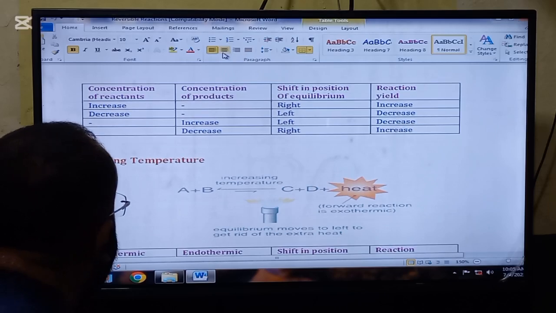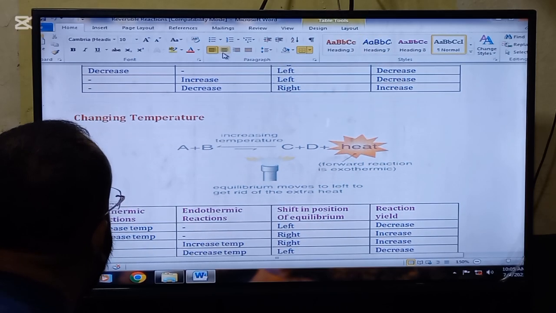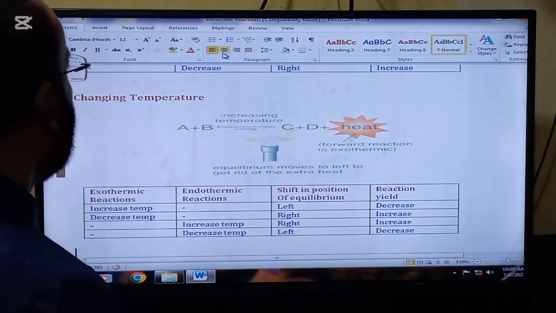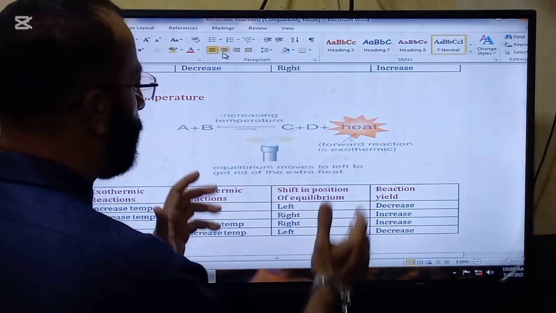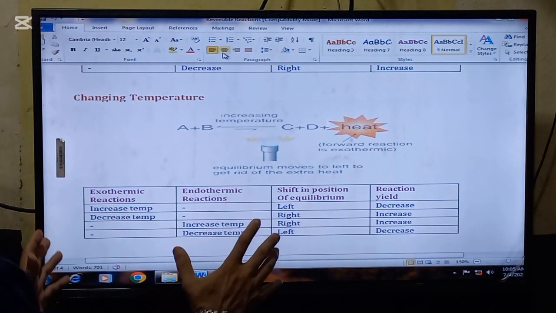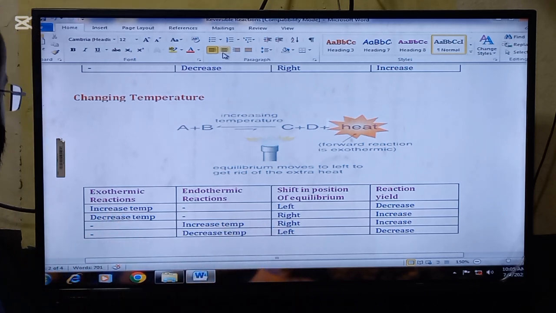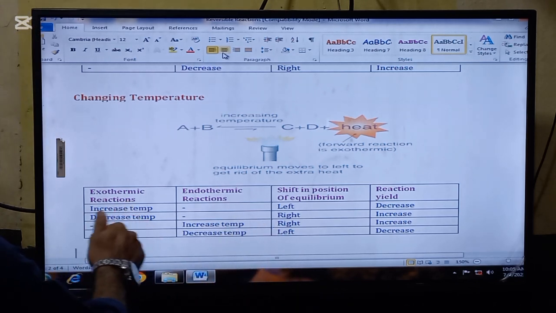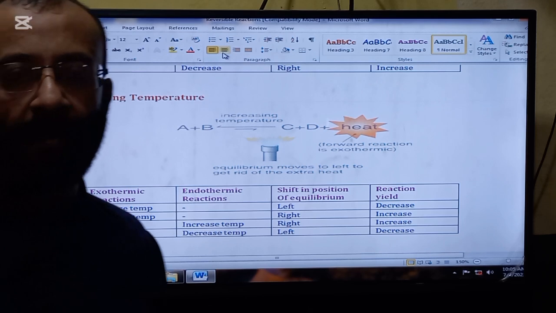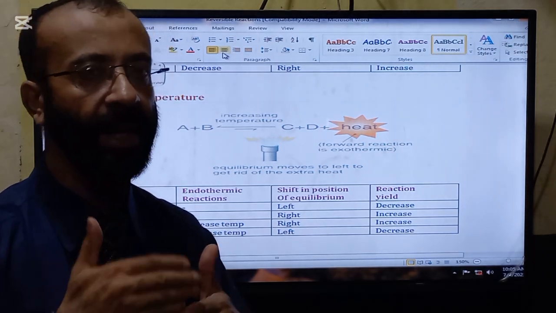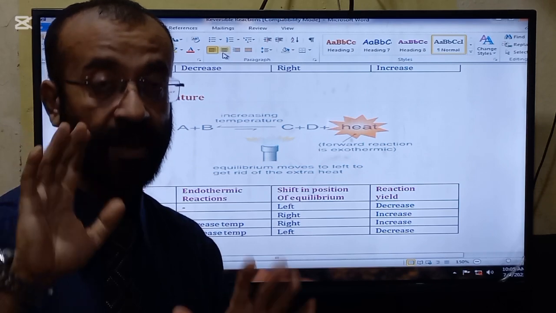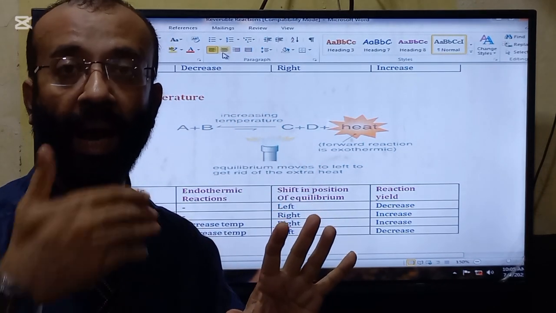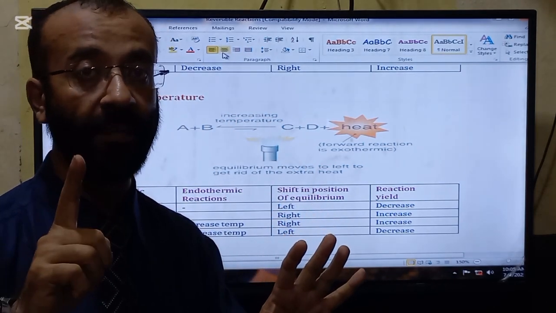The next thing that we are going to read is changing temperature. Increasing temperature can change the direction of the equilibrium reaction. If the reaction is exothermic, an exothermic reaction is a reaction in which heat is given out. Keep this in your mind: heat is already given out in an exothermic reaction.